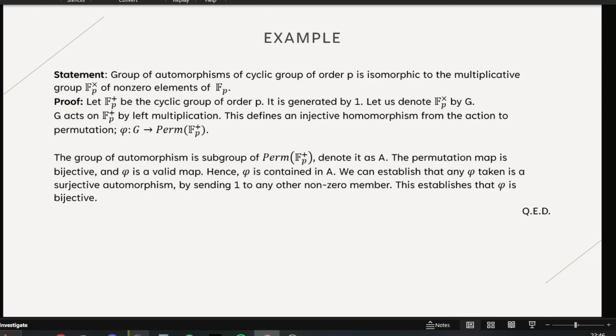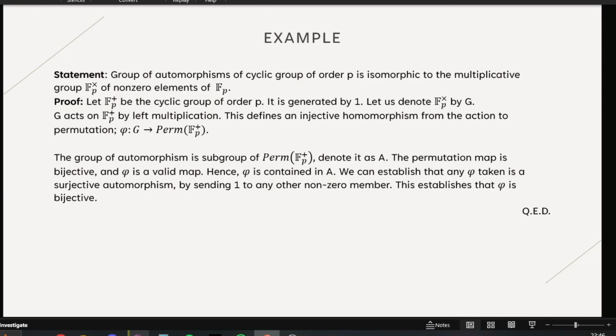The permutation map is bijective, and if we take one permutation map, it will also be one of the automorphisms.